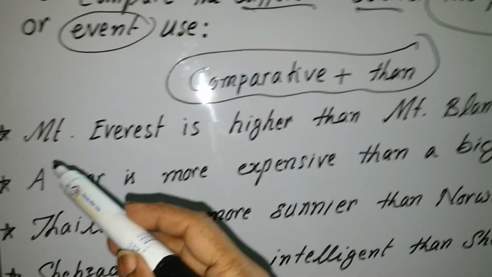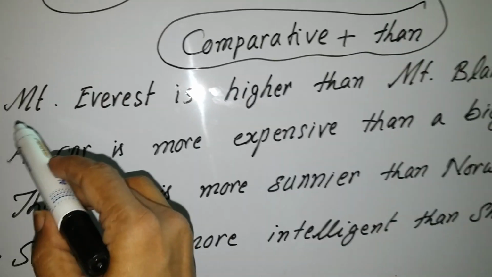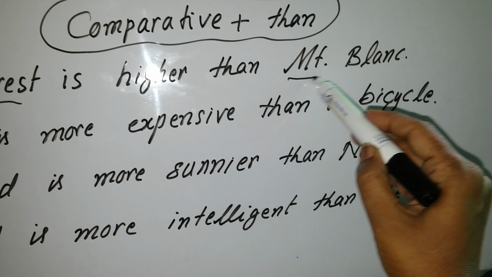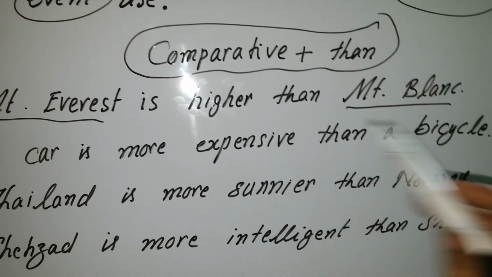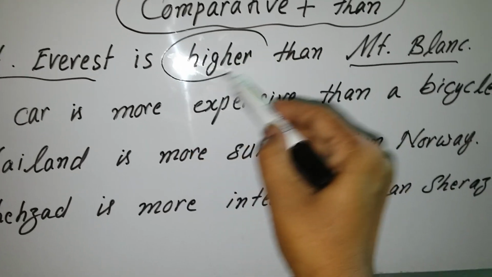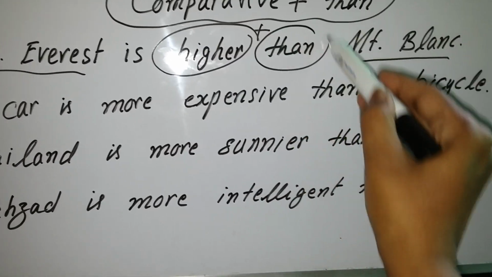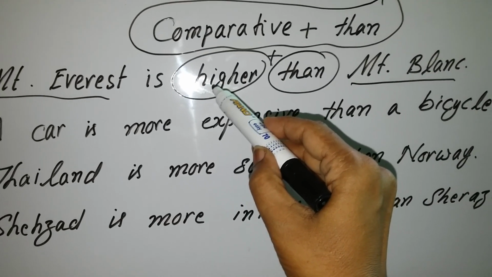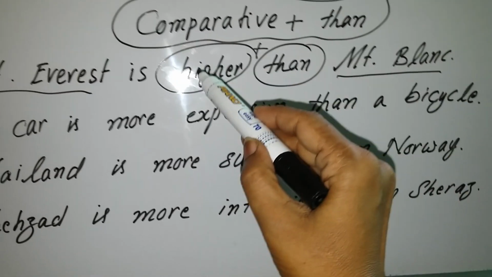Now these are examples. We are comparing Mount Everest with Mount blank. So we will use: Mount Everest is higher than Mount blank. This is the second degree or comparative, and this is than.